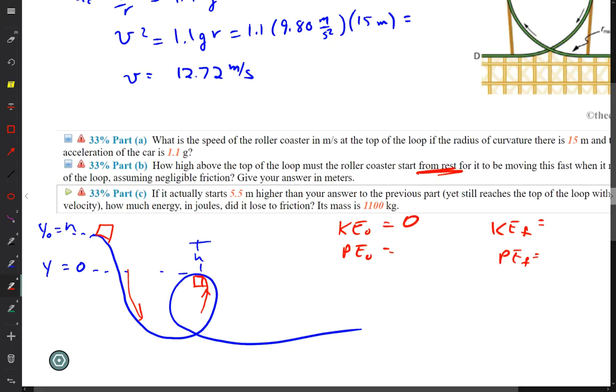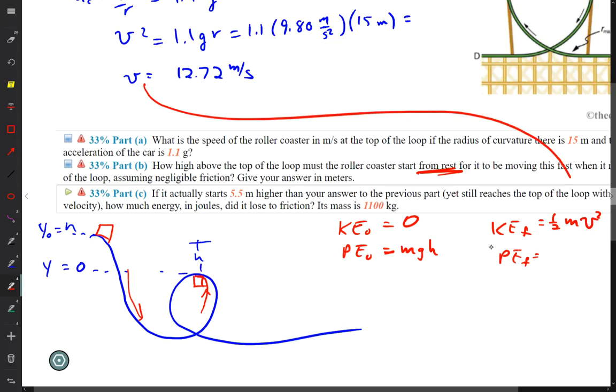I defined my 0 position as the top of the loop, and the starting is h above that. So what's my initial potential energy? mgh. My final kinetic energy? 1/2 mv squared, where it's this v right here. And my final potential energy? 0.